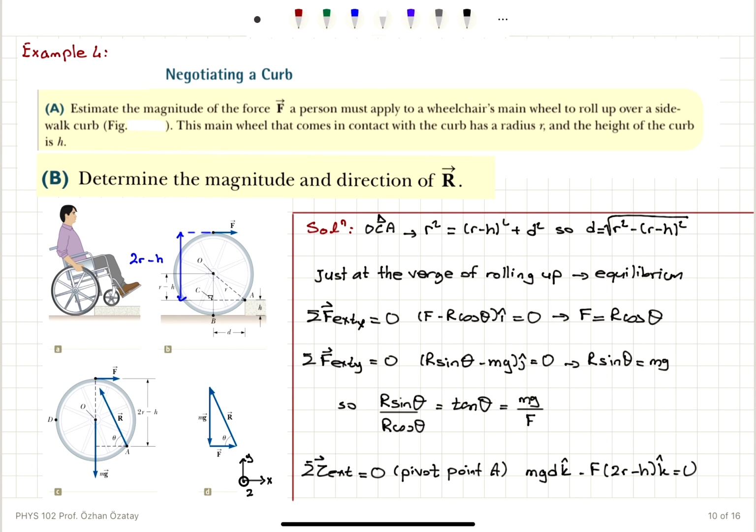And for the torque with respect to point A, the only two forces that have a torque effect are mg and F. So mg times d, using the right hand rule, the torque is in the k hat direction, and for F it is in the minus k hat direction, but the perpendicular distance here would be 2r, but I have h here, so it's 2r minus h.